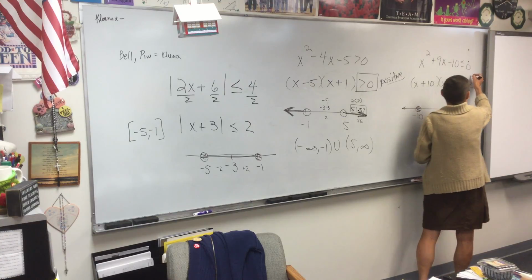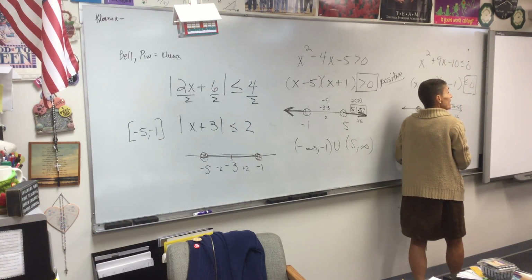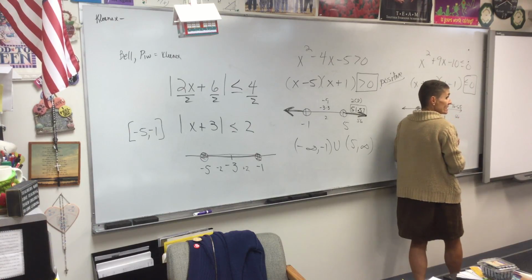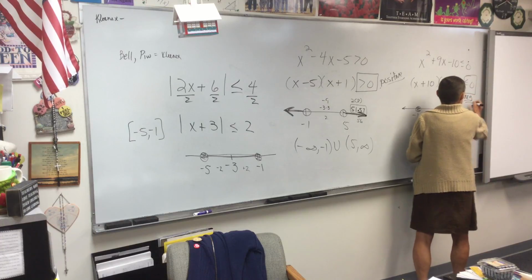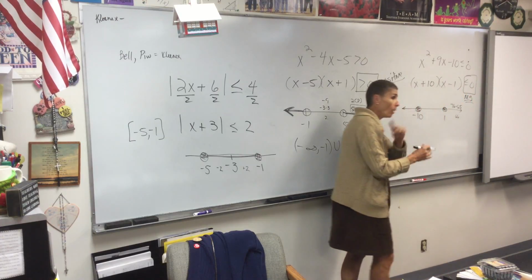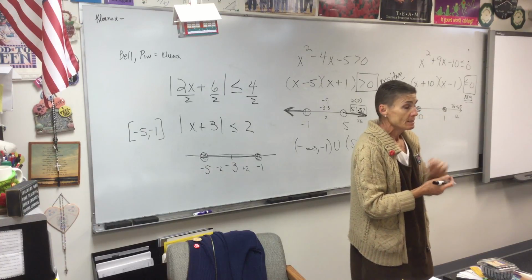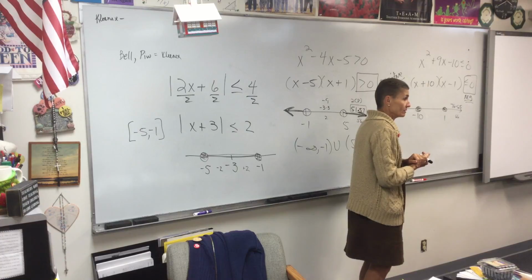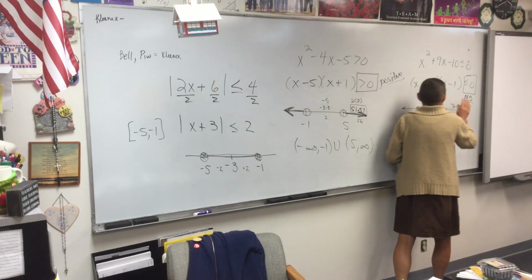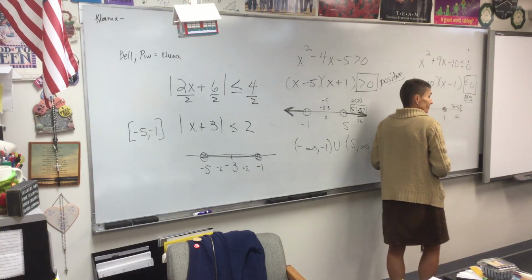These 2 times each other are going to give me a positive answer. Now what kind of an answer am I looking for this time? Less than 0 means negative. This time I need negative answers. I don't want positive answers. 66 does not give me a negative answer. So 66 doesn't work, which means I don't shade.